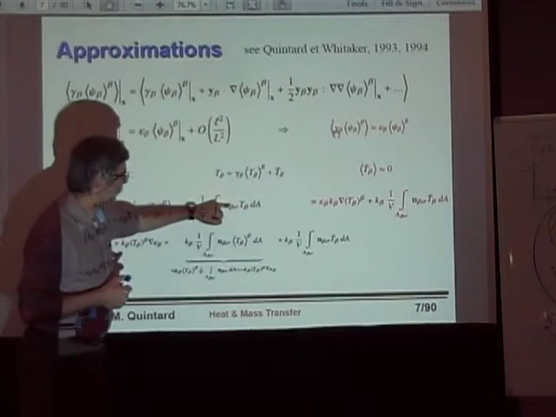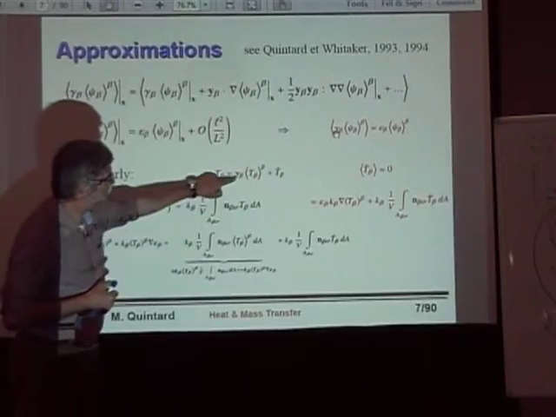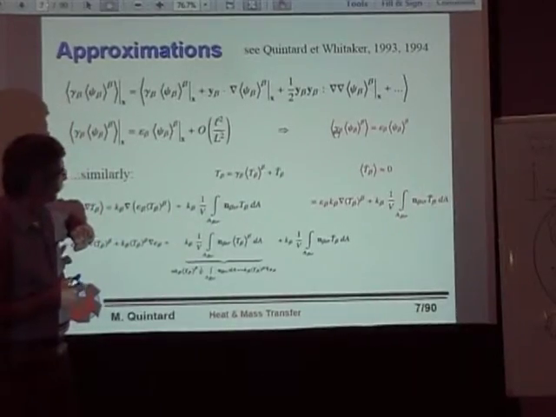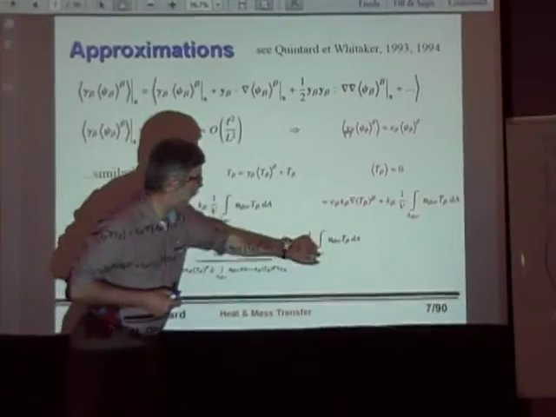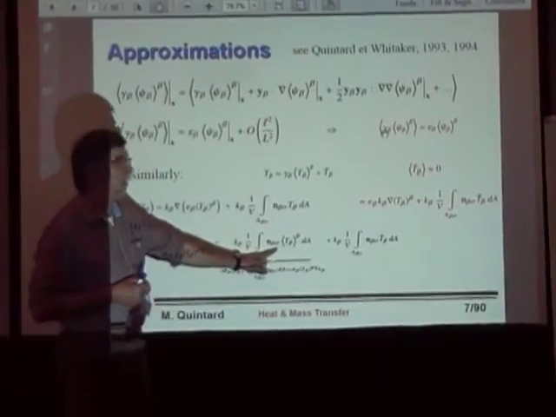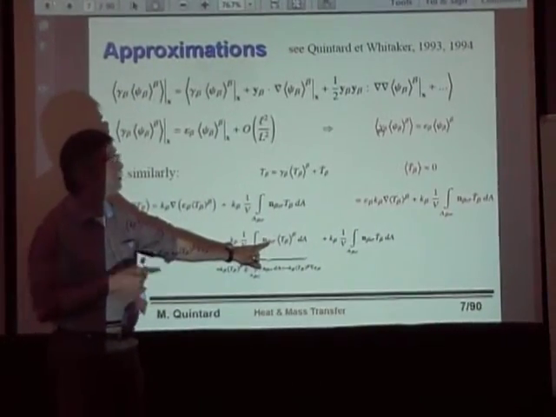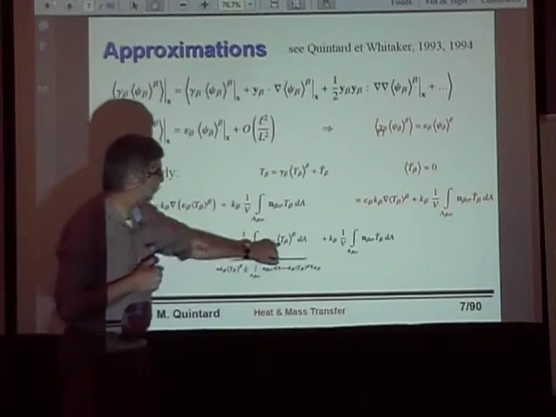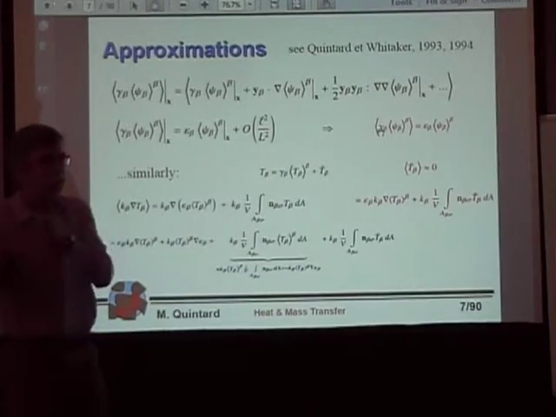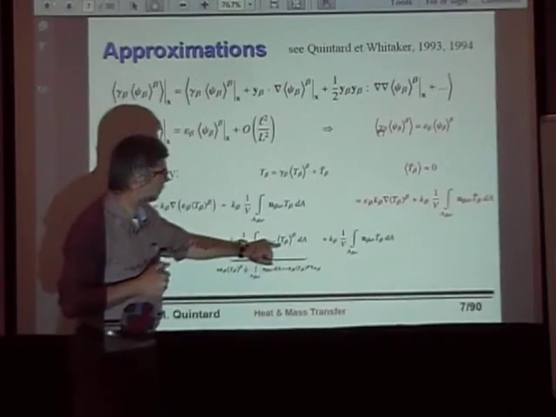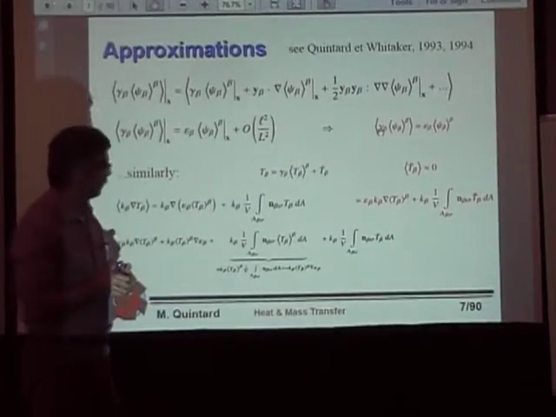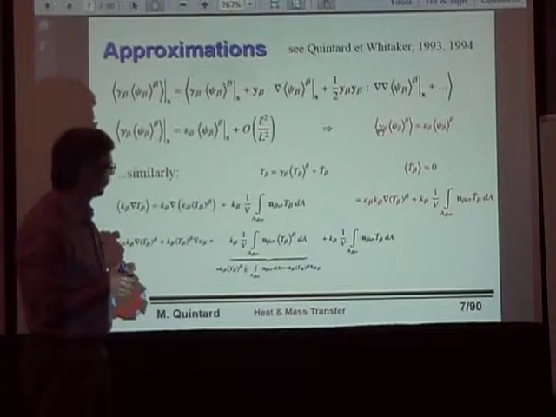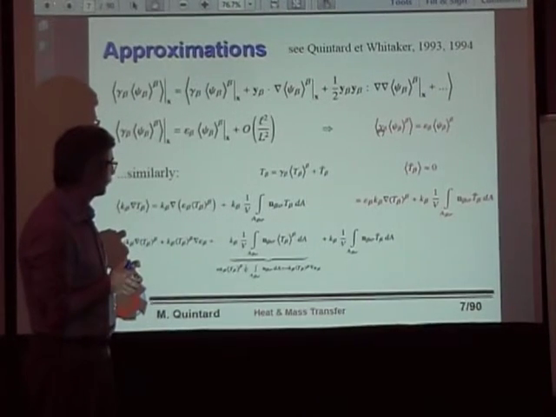And then I have this term. If I introduce the deviation here, the decomposition here, I have two terms. And for this term, I can do the same type of analysis I've done before. I can introduce Taylor expansions and then look at all the approximations that are related to the assumption of separation of scales.